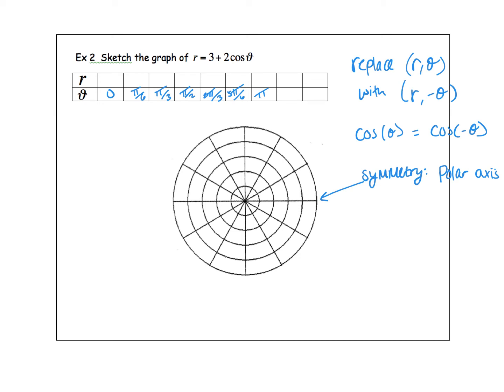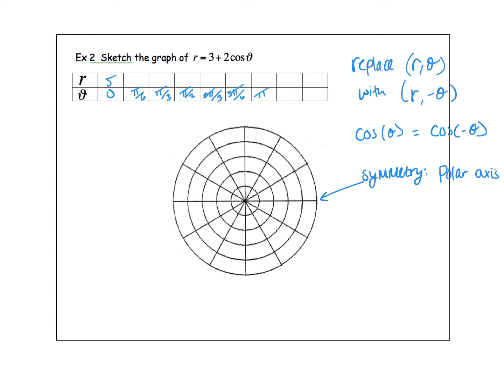So if I evaluate r equals 3 plus 2 cos theta, that 3 changes things quite a bit. We're not going to end up with a circle anymore. Okay, so putting 0 in on cosine, cosine at 0 is 1 times the 2 plus the 3, we get a 5.